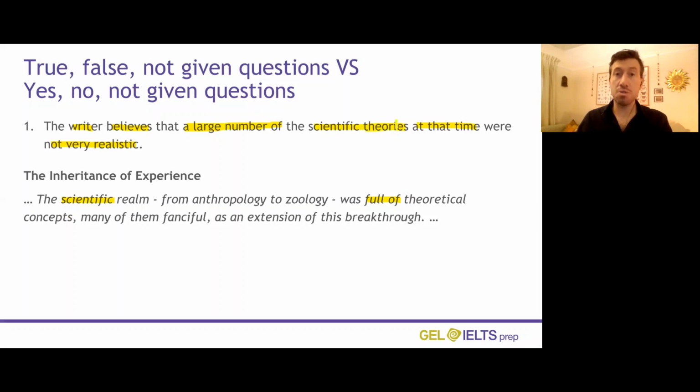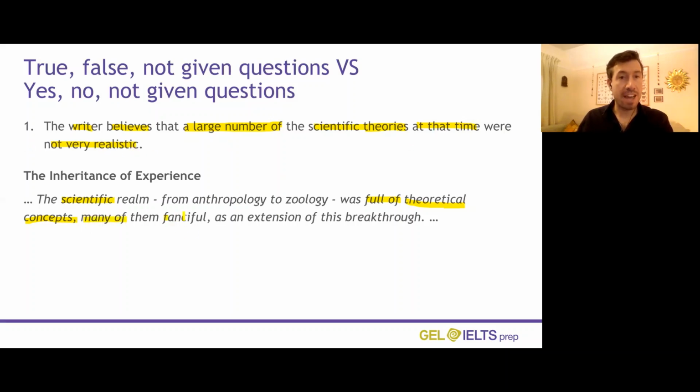So you can see it's used a word family here to paraphrase. It's changed theory to theoretical concepts. At the time were not very realistic. Again, we've got a large number of here and many of. And then not very realistic.